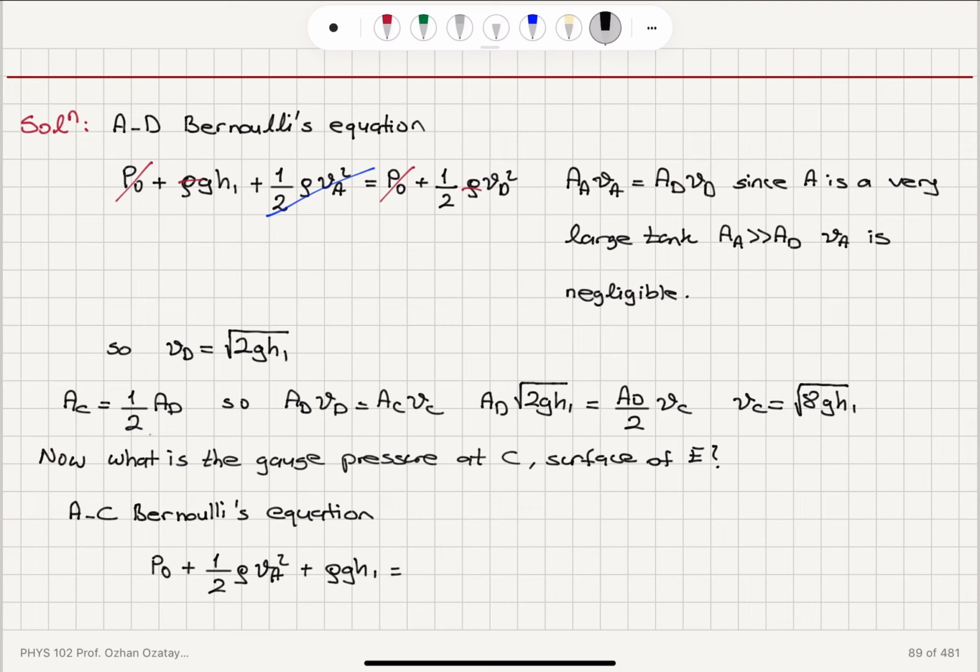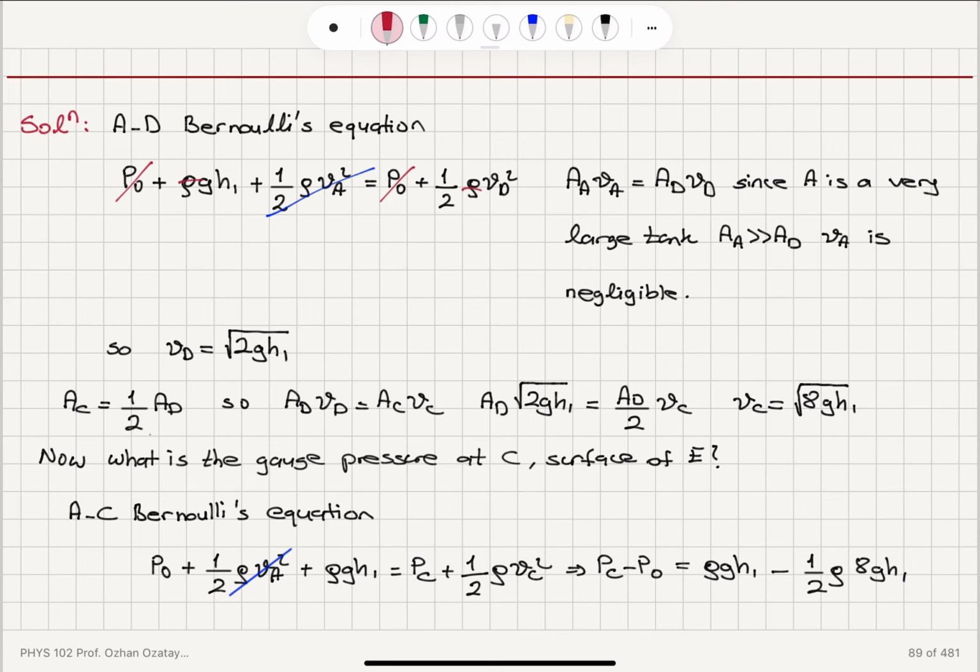And this is going to be the pressure at C plus 1/2 rho VC squared. Once again, since A is a very large tank, I neglect the speed at A. So this goes away. And I find that the gauge pressure at C, PC minus P0, is equal to rho GH1 minus 1/2 rho VC squared, which is 1/2 rho VC squared is 4 rho GH1, because VC was square root 8GH1.